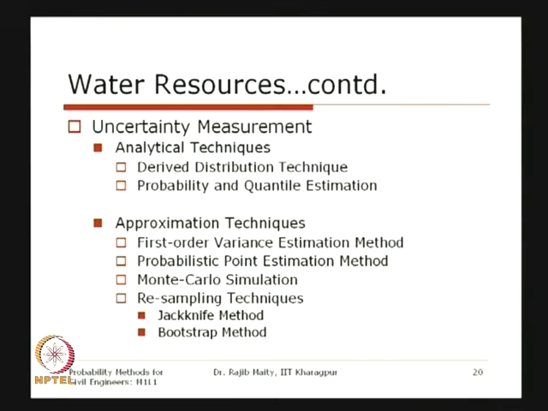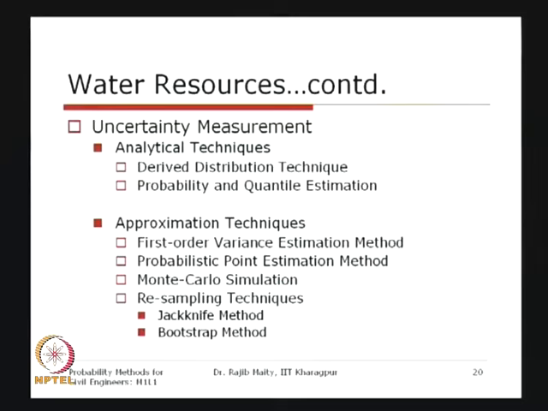So in that way, using the distribution technique, the uncertainty associated with the predicted values can be measured, can be quantified. The second thing is probability and quantile estimation. This can be done with the raw data that is available to me, to give the spread of this data, the range of the data, and we can estimate its different quantiles also, just to know how it is non-parametrically distributed over the entire support.